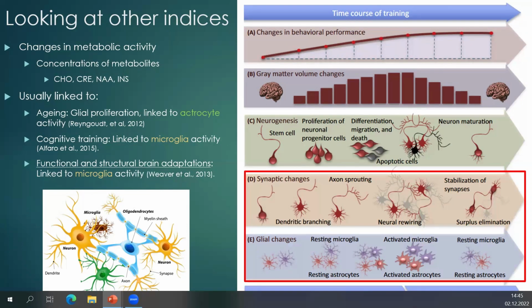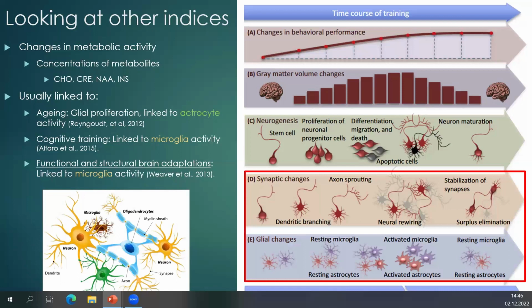So you can study that by focusing on concentrations of chemicals or metabolites, whose concentrations are linked to things like aging, cognitive training, and structural brain adaptations. In other words, every time you get these structural changes, the concentrations of these chemicals change. So what do we really care about here?